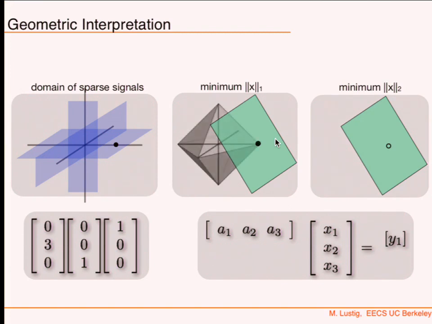The L1 ball is spiky. That's all the places in 3D space that have exactly the same L1 value. It's spiky. It's most likely going to hit on one of these edges.